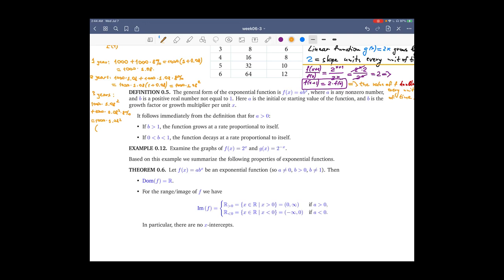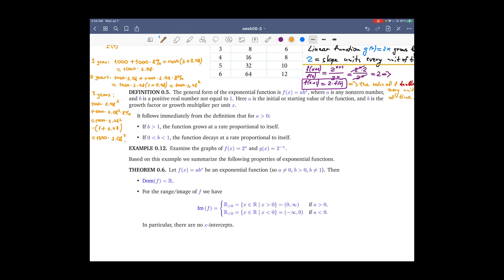In parentheses, we're going to have 1 plus 0.08. When you do the algebra, you end up with 1,000 times 1.08 cubed, because again, the expression in parentheses is 1.08 times 1.08 squared results in 1.08 cubed.